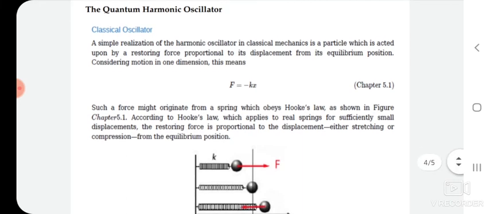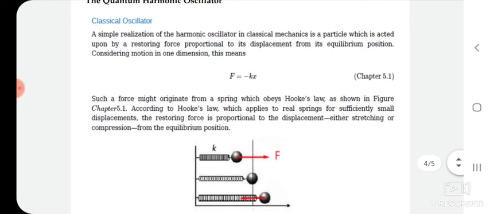A simple realization of a harmonic oscillator in classical mechanics is a particle which is acted upon by a restoring force proportional to the displacement from its equilibrium position. Consider motion in one dimension. This means F is equal to minus kx.